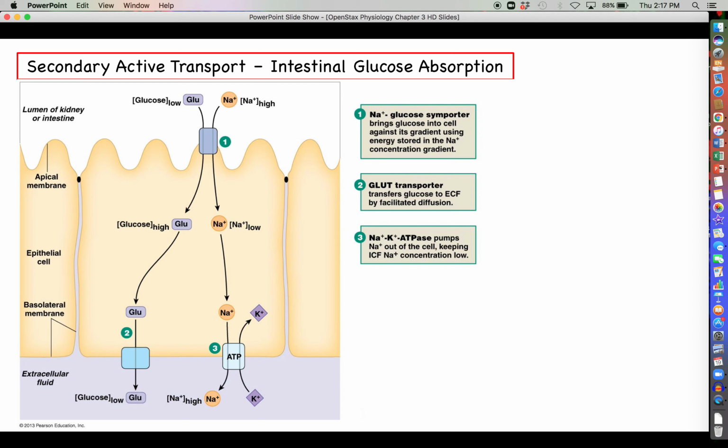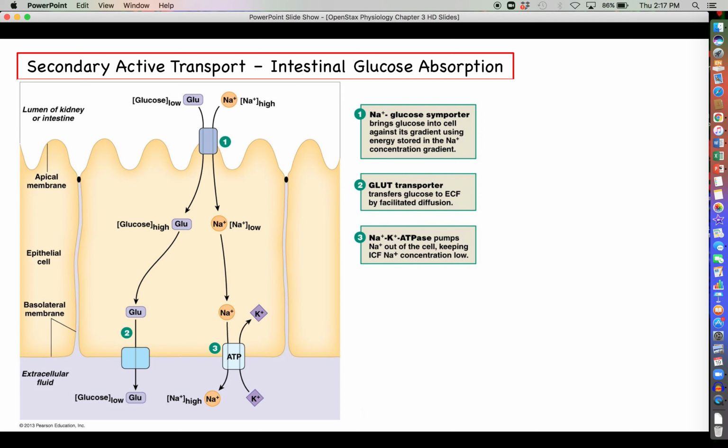Again, you'll learn about that in Chapter 4. So if we're going to absorb glucose from up here in the lumen to down here in the bloodstream, that glucose needs to cross the membrane up here at the apical membrane and then down here at the basolateral membrane.